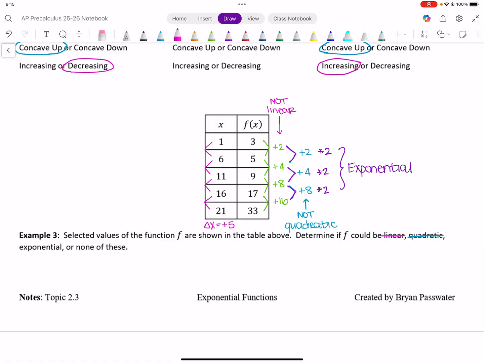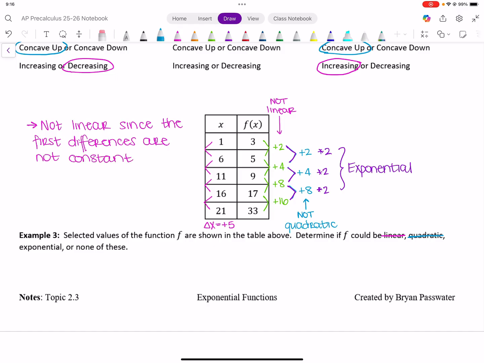So once again, it was not linear since the first differences are not constant. And then it was not quadratic because the second differences were not constant.